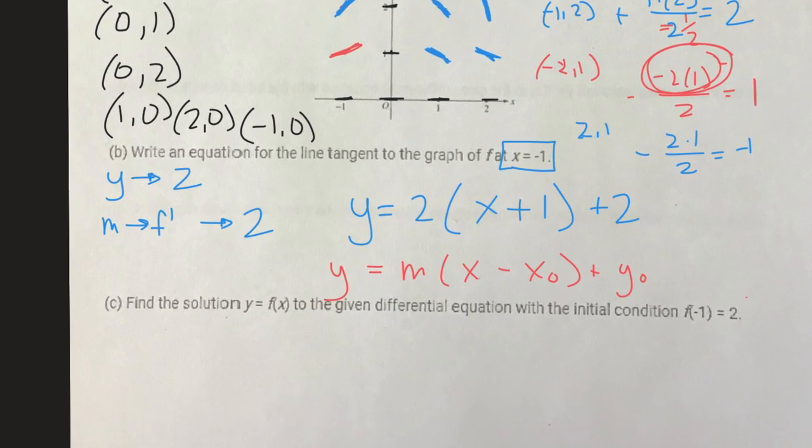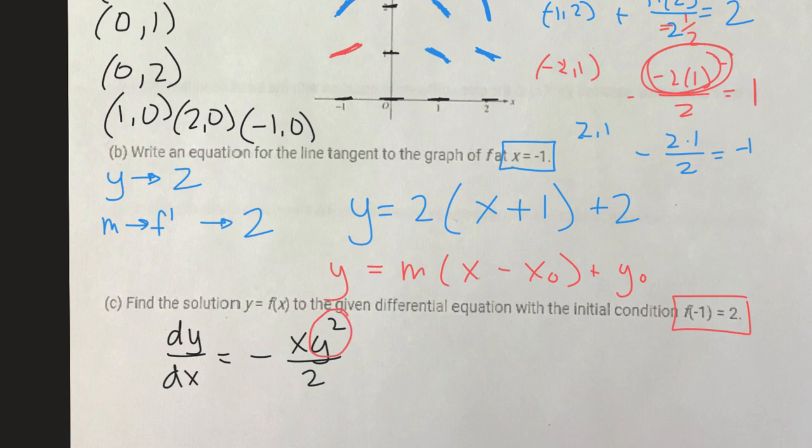Find the solution to our differential equation. So we start with dy dx equals negative xy squared over 2. Okay, separation of variables. We're going to divide both sides by y squared. Okay, so that puts y squared in the denominator, and we're going to multiply both sides by dx.